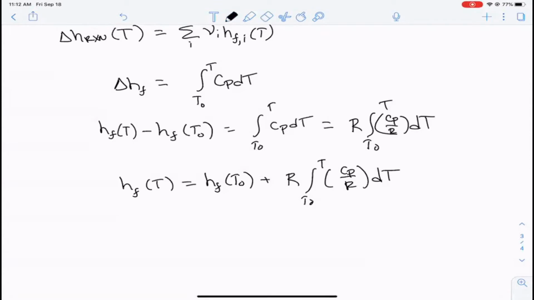So you can use your book equation, okay, that Cp over R is equal to A plus BT plus CT squared plus D divided by T squared. That's also fine.